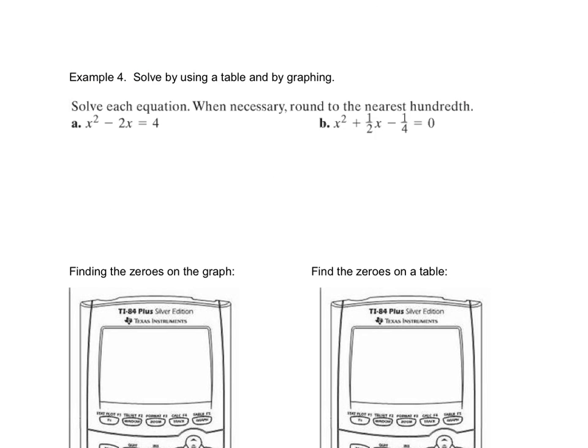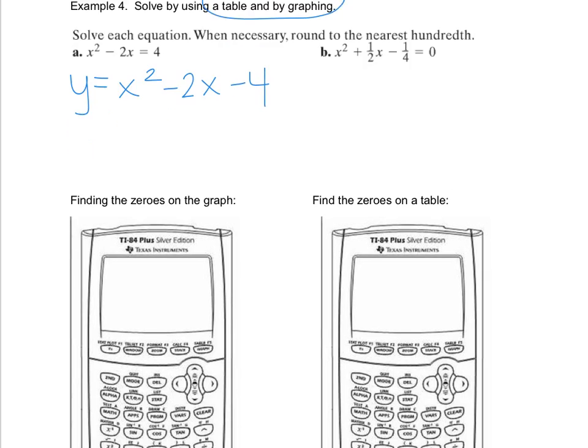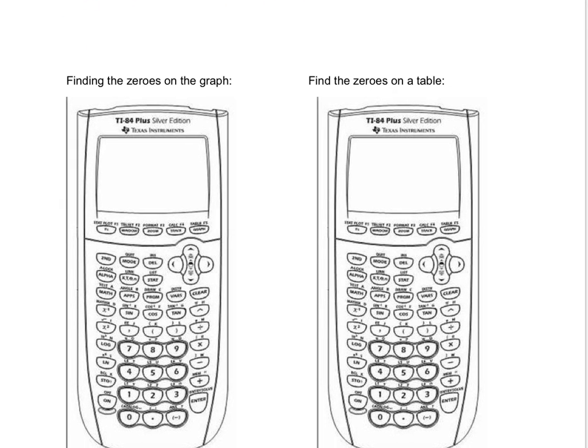This one I'm going to link up and show on a graphing calculator with a video, but to solve by a table or graphing, what you want to do first is get everything on one side and have a function y equals x squared minus 2x minus 4. Then you put this in your graphing calculator, and you look at where the zeros are, where it crosses.